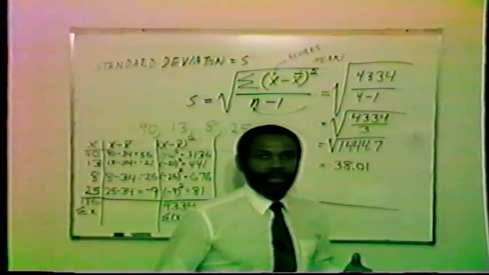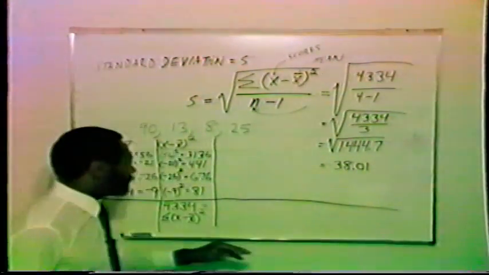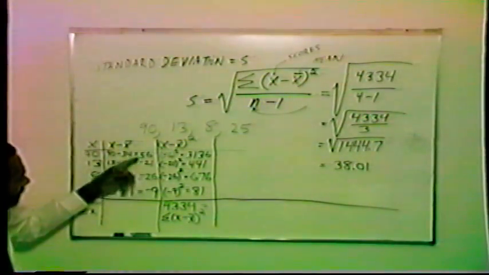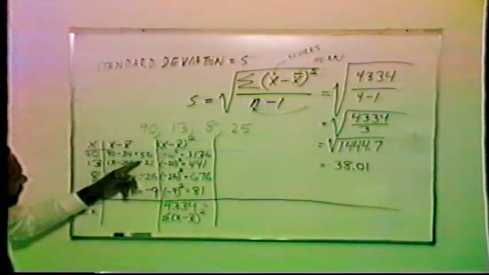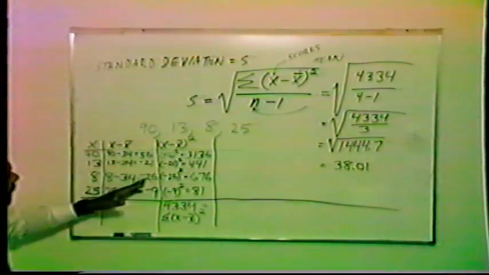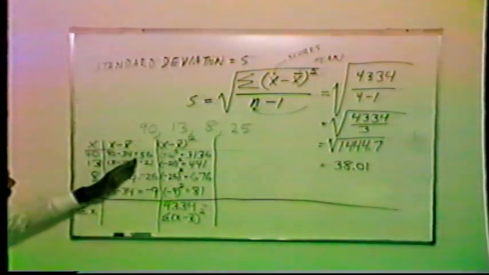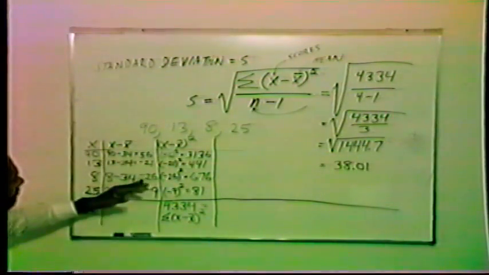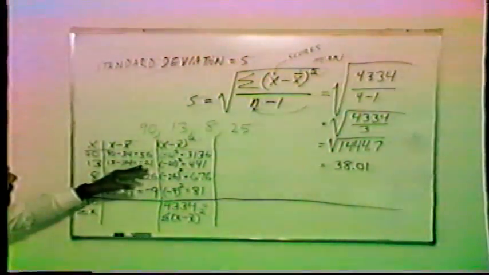Now, of course, it's a positive number here, so when you're comparing these numbers here, really you want to think of it in terms of whether it's above or below the mean. If it's negative, it's below the mean.